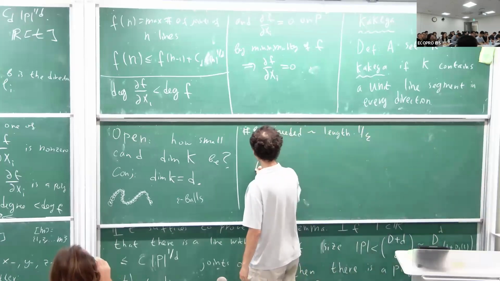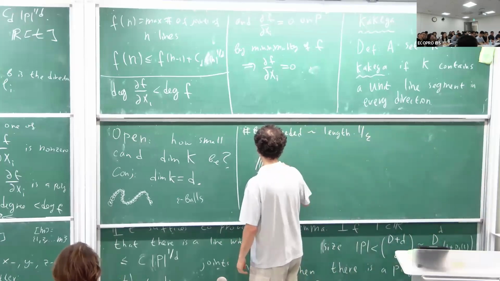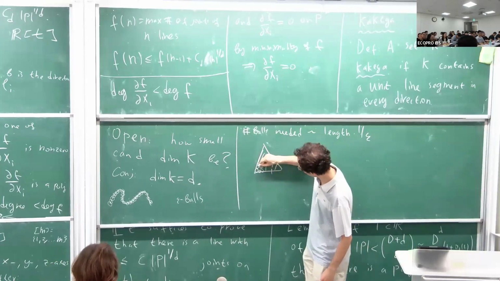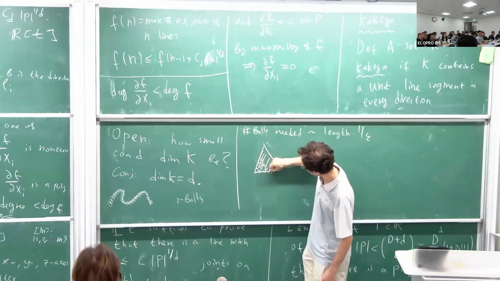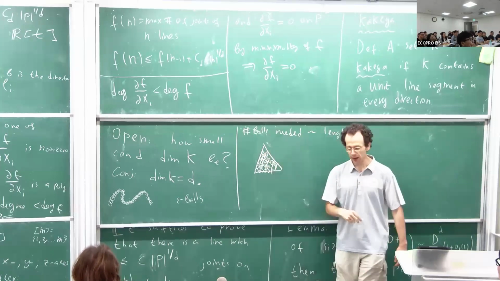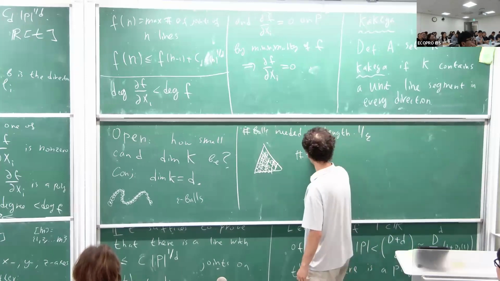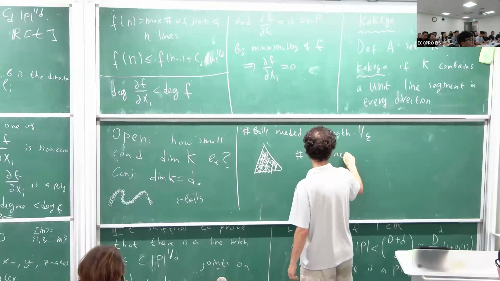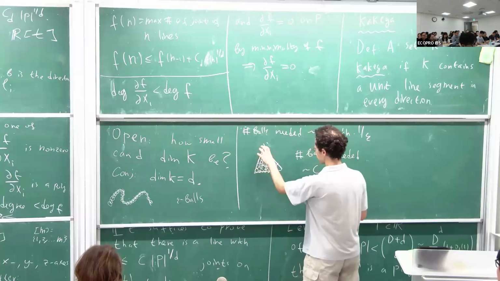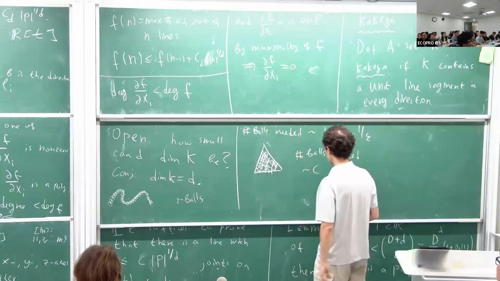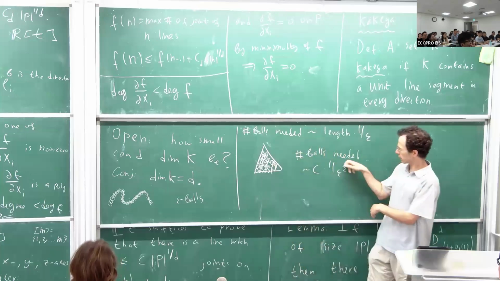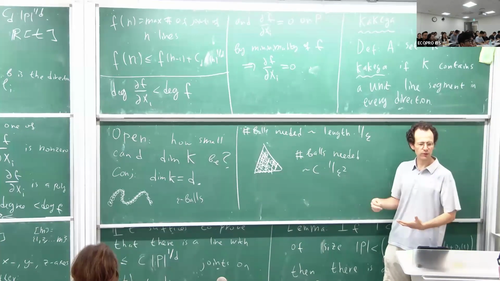Imagine now I have a triangle, a solid triangle, and I'm trying to do the same exercise. I'm covering it by little balls. Okay, I'm getting tired, but you're getting the idea. So the number of balls needed is going to be some kind of constant which relates to the area of the ball times 1 over epsilon squared, because each ball covers area proportional to epsilon squared.